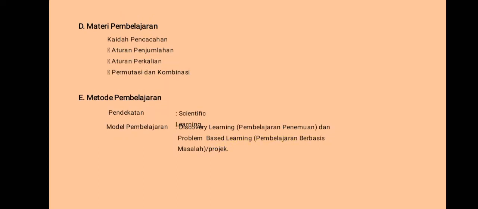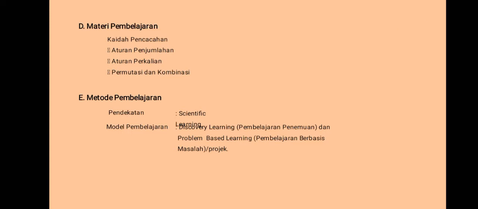The next is D, learning theory. There are 4 learning theories in this topic. First is the rule of enumeration, the second is the rule of addition, the third is the rule of multiplication, and the last is permutation and combination. What is the method of learning?